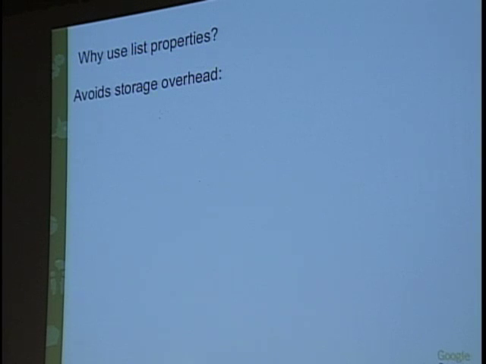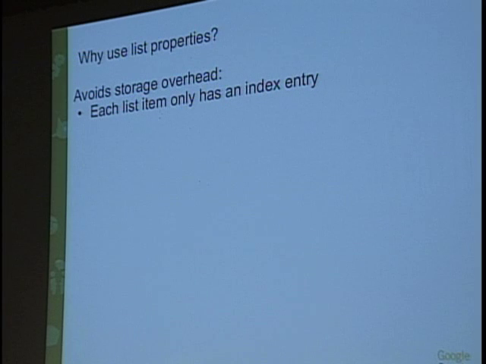Another reason to use list properties is that it avoids storage overhead. It can save you space in the data store. Each item of a list property only has an index entry. There's not a separate entity entry as you would normally have. And there's also no entry in the by kind index.